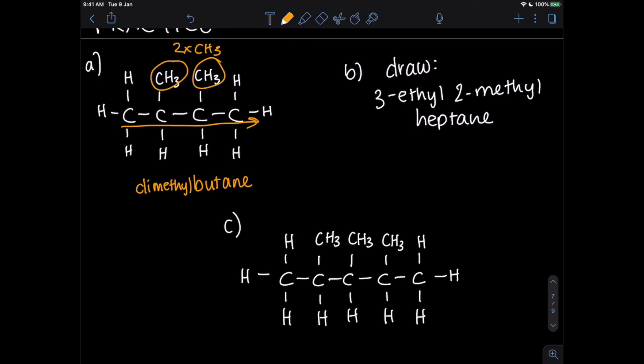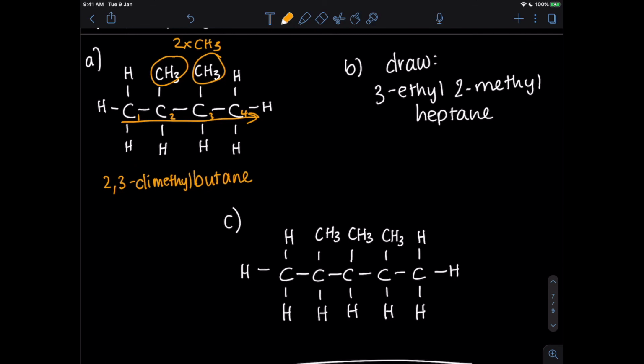And then I want to tell my reader where they are. Doesn't matter which carbon I pick to be number 1, so I'm going to pick left. So that means that on carbons 2 and 3, I have a methyl group. I'll do C first and then I'll go to the drawing.